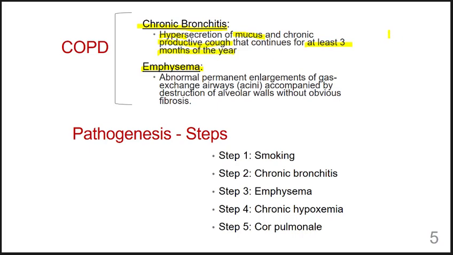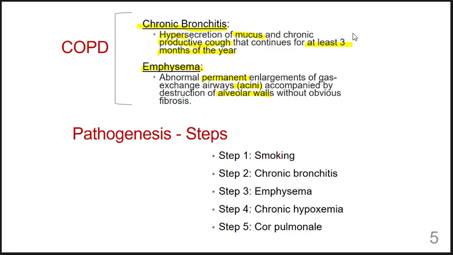So these details need to be really met for somebody to be diagnosed with chronic bronchitis. Emphysema, on the other hand, is an abnormal, permanent enlargement of the gas-exchanging airways of the lungs, which are called acini, accompanied by destruction of the alveolar walls without any obvious fibrosis.